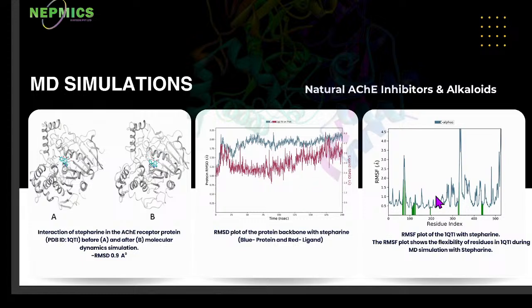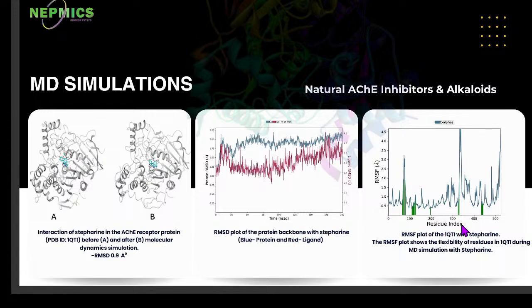At the right-hand corner you can see the RMSF plot, the root mean square fluctuation of 1QDI with stepharin. It also shows the stability of the complex, where the protein residues and the ligand molecule have interacted. You can see some great spikes in this particular region; there are three different spikes. However, let me give you an idea of this.